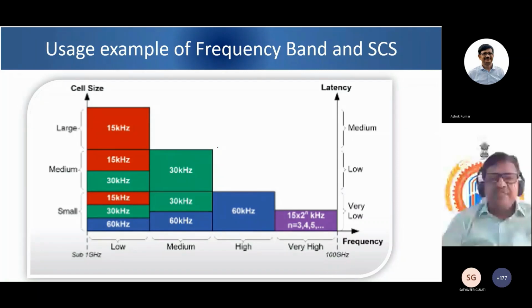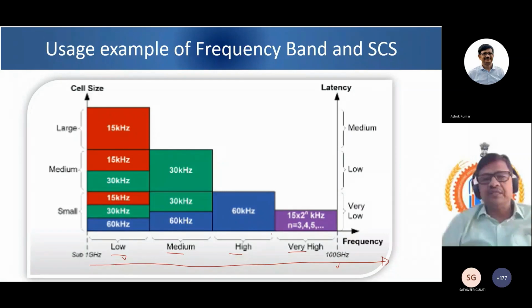On this particular chart, what I'm trying to explain is, on the x-axis I have frequency: on the left side a lower frequency, then medium, high, very high, up to 100 gigahertz. On the y-axis, left side, it is the cell size: small coverage, medium coverage, large coverage. On the right side, they have latency: very low latency and medium latency.